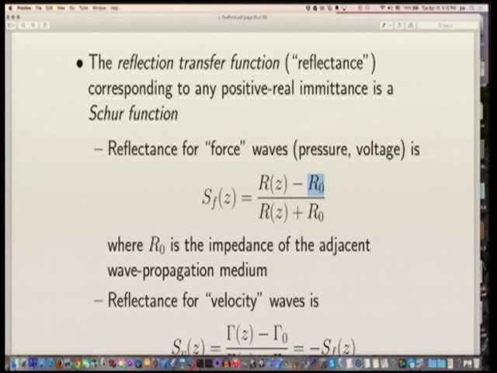I showed you last time that the impedance of a string is the square root of the tension times the density. It's the geometric mean of the stiffness and the massiness, the two resistances to motion. That's the wave impedance, meaning that if you send a traveling wave down, the force divided by the velocity is going to be that number everywhere you look.